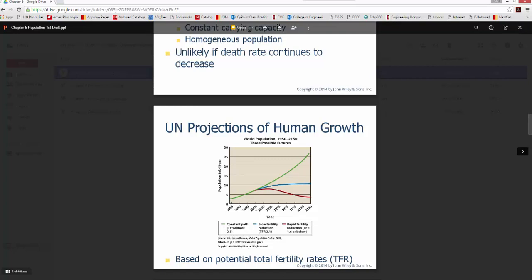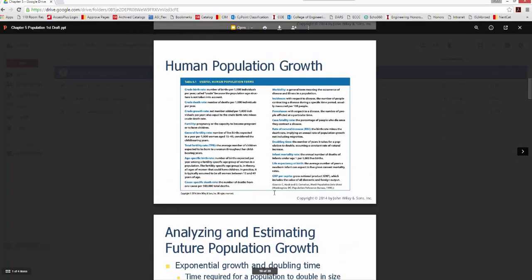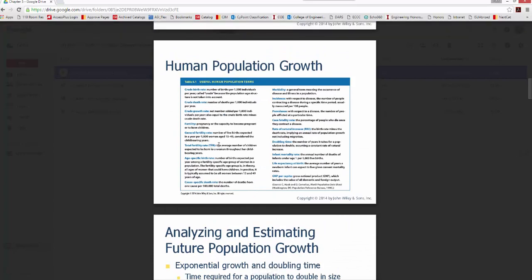Okay. So if we assume a total fertility rate, again, let's go back and review what total fertility rate is. So you see it here, total fertility rate. It is the average number of children expected to be born to a woman throughout her childbearing years.